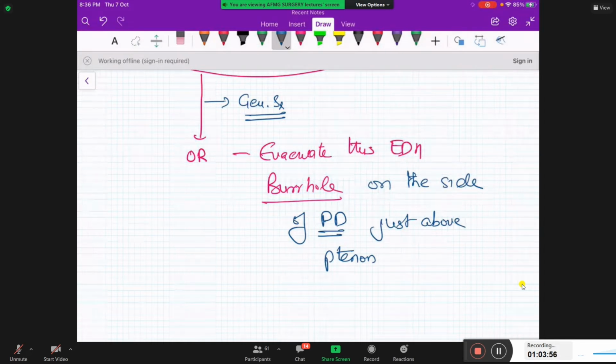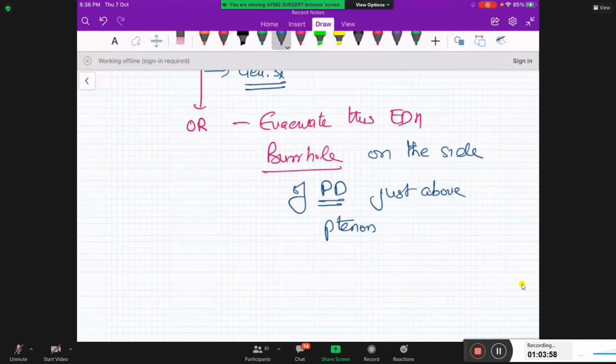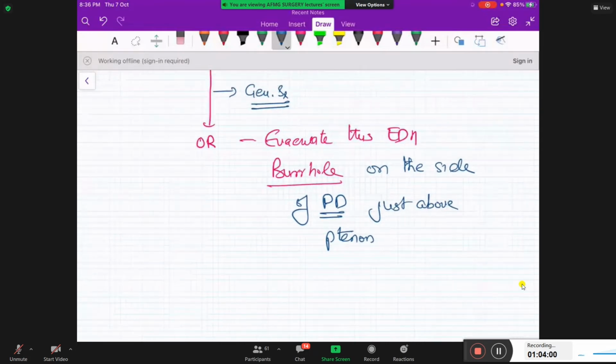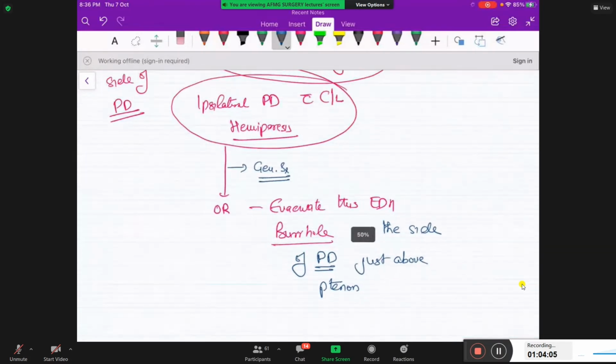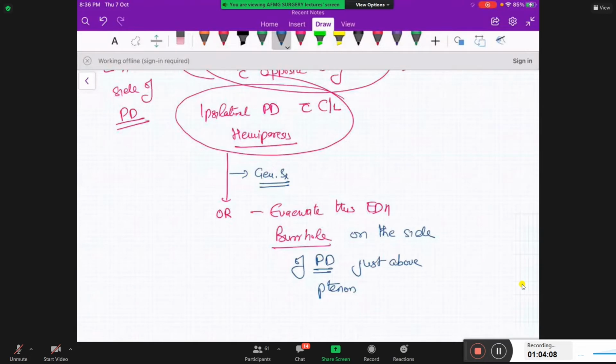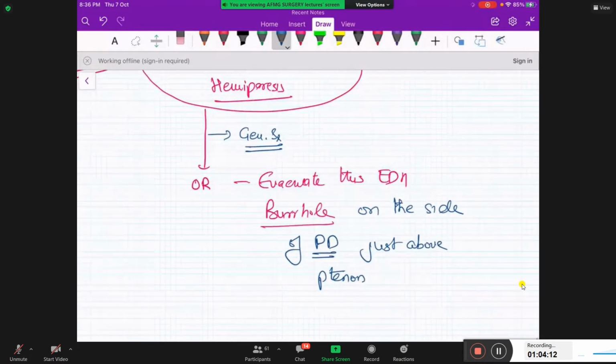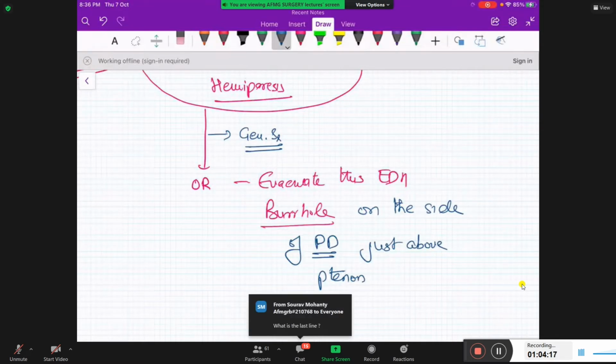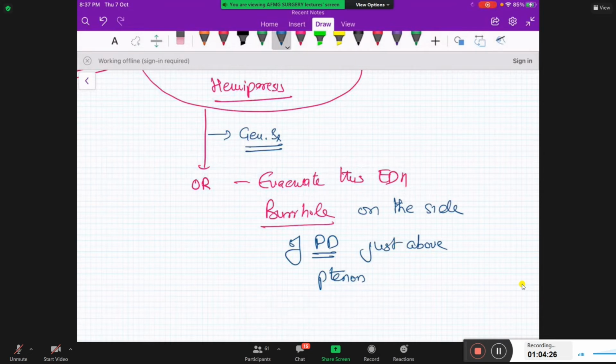Once there is an EDH, once there is a lateralizing sign, even when you are not a neurosurgeon, even when you are a general surgeon, you have to evacuate this hematoma by giving a burr hole on the side of pupillary dilatation just above the pterion.